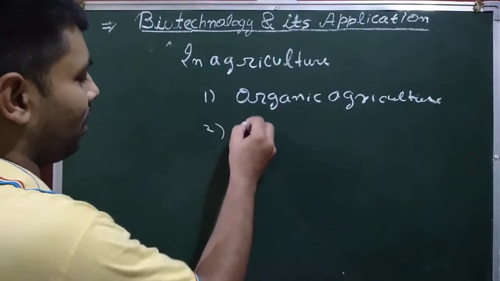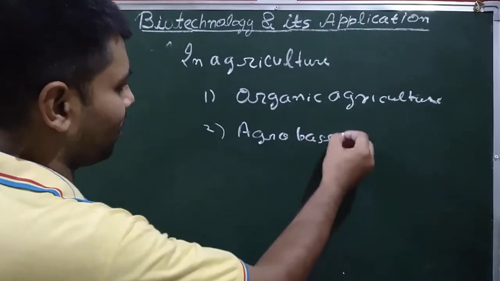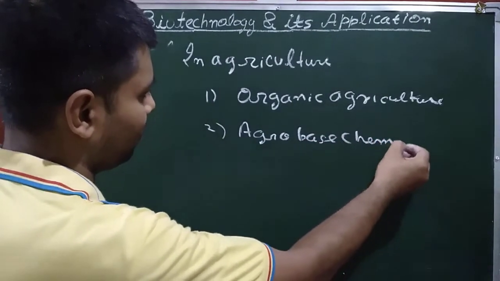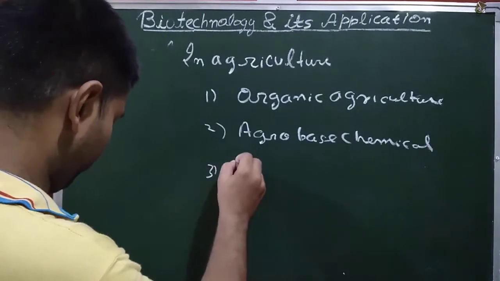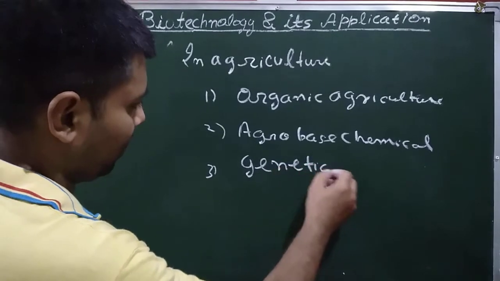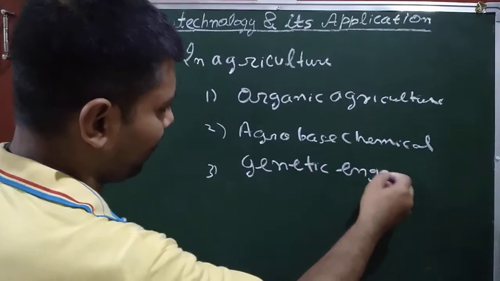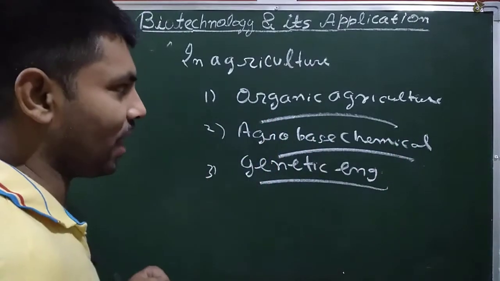Second is agro based chemicals. And third and the last is genetic engineering. See, all these three points are basically involved in the field of agriculture.